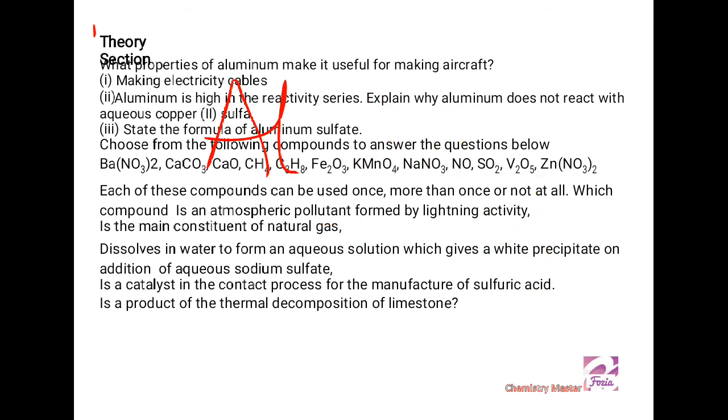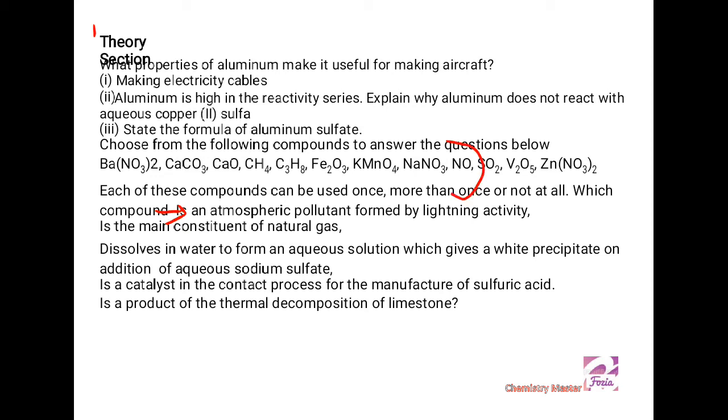Now the last part of this theory section: choose one of the following compounds to answer the questions below. We can use one compound more than once. The first is an atmospheric pollutant formed by lightning activity.